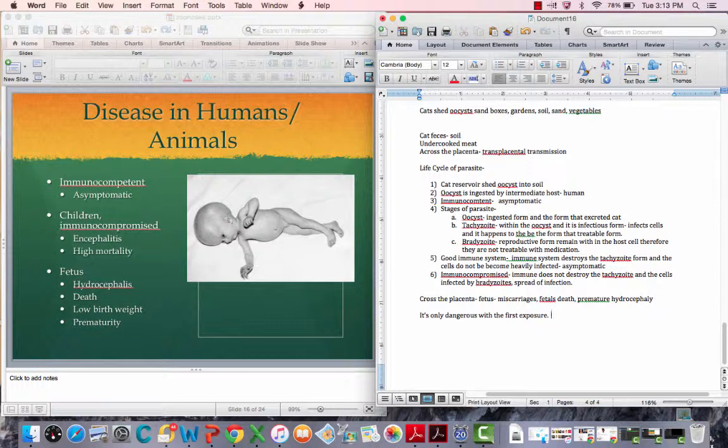So the problem becomes if you have a pregnant woman who has never previously been exposed to the parasite, then they are at risk of acquiring it while pregnant, which makes their fetus at risk. If they have been exposed before, then the fetus is not at risk.